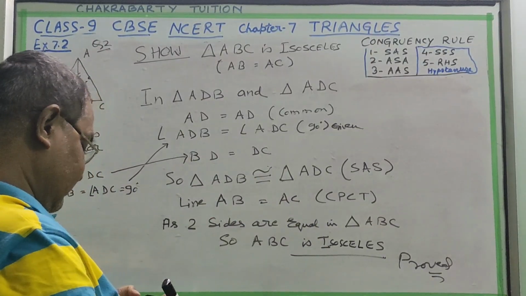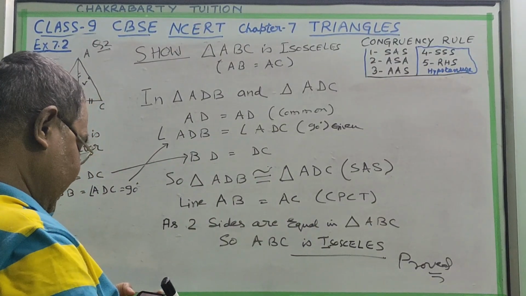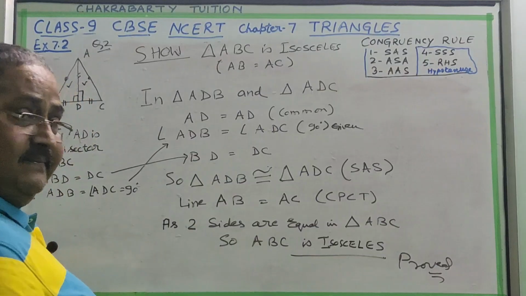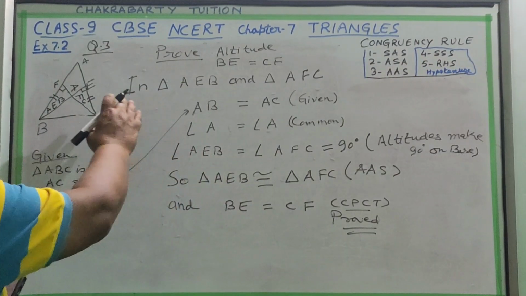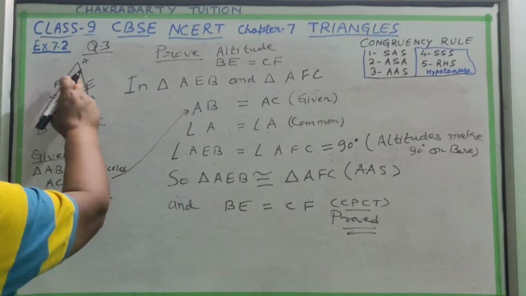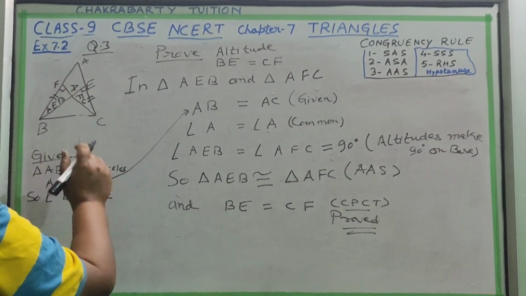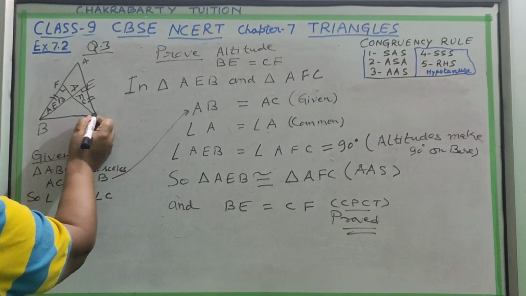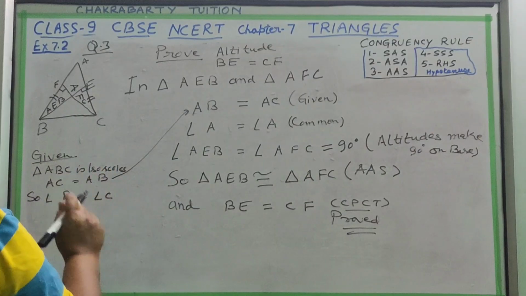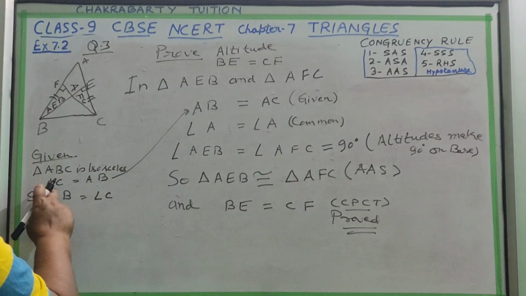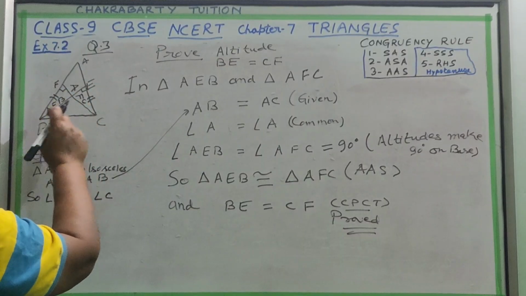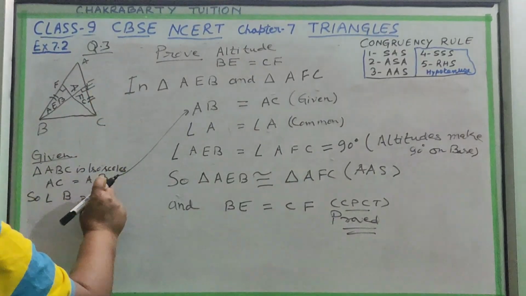Now we will go to solve question number 3. We will write question number 3 and solve it. Here in question number 3, triangle ABC is given. ABC is isosceles, so its two sides will be equal. What is given? This side AB and side AC are equal.